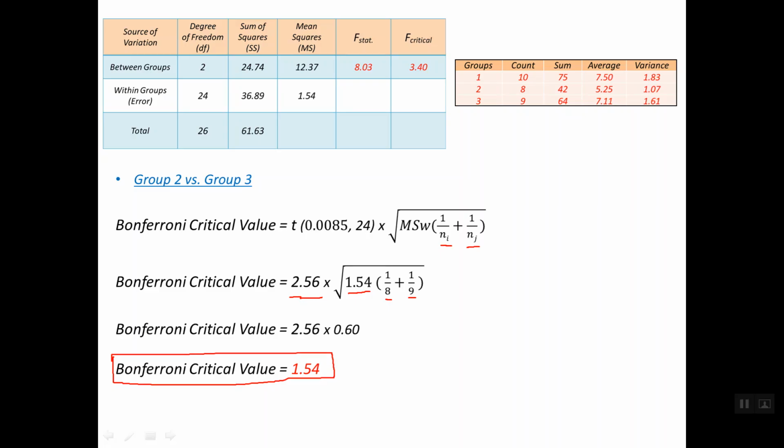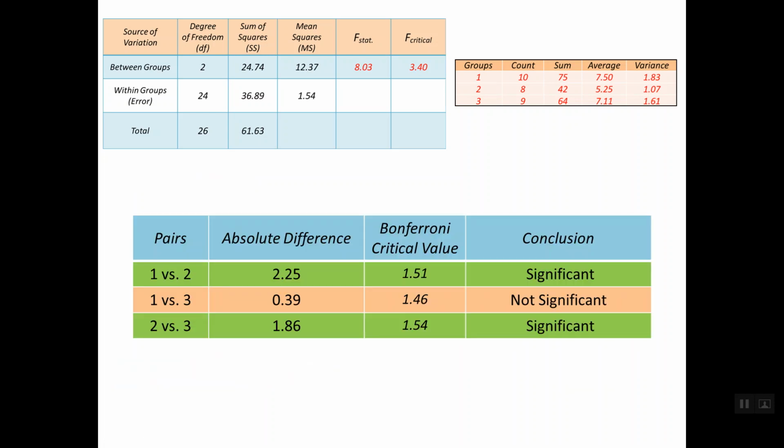So by this we finished all the calculation for the Bonferroni critical value for the 3 pairs. Now simply we can make our conclusion for this question. In the table below, we have 3 pairs.